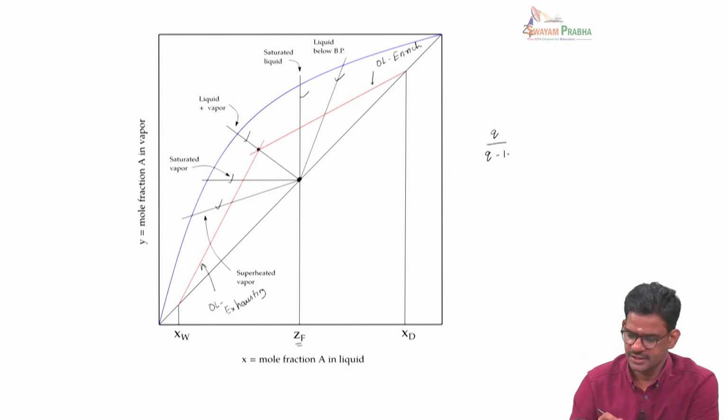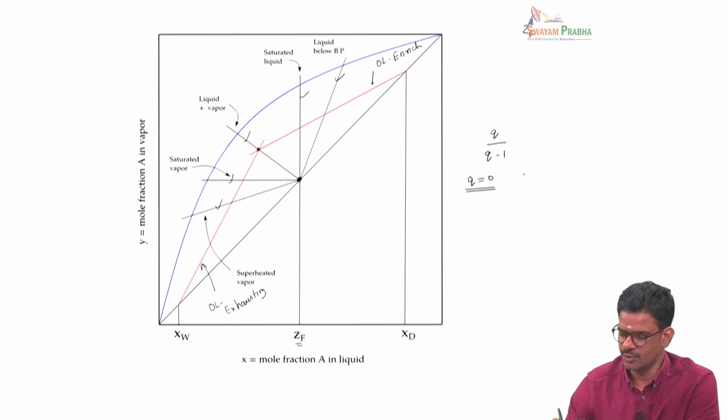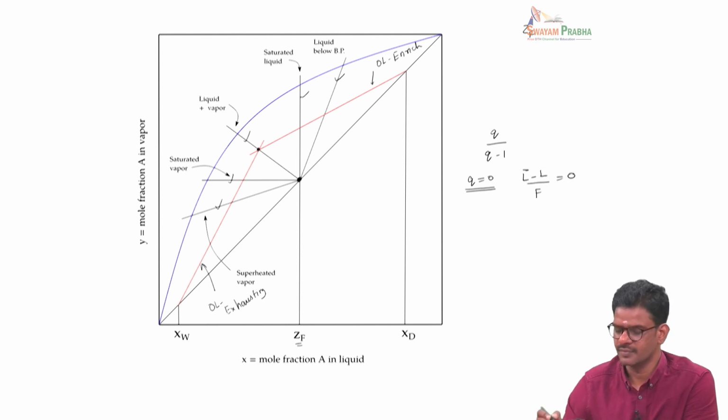And if you consider, for example, Q is 0, Q equal to 0 would mean (L bar minus L) by F equals 0. It also means that (Hg minus Hf) over (Hg minus Hl) is 0.